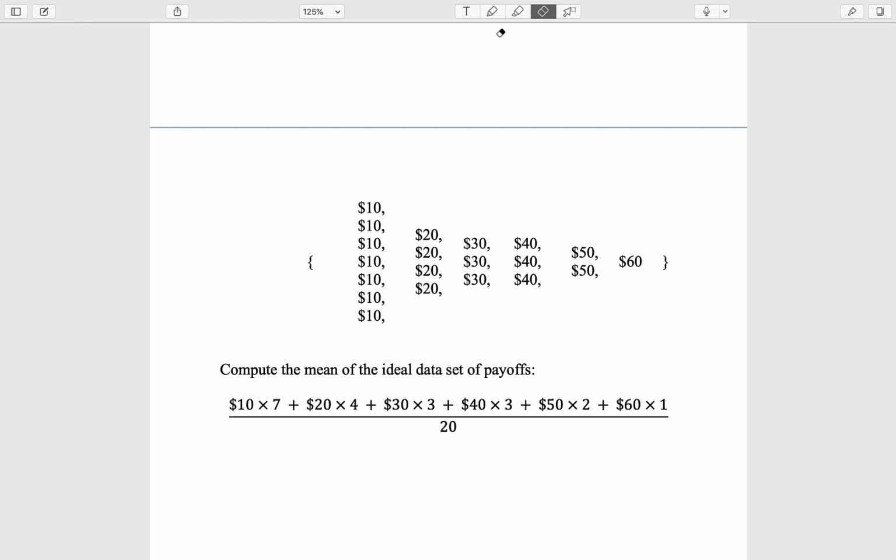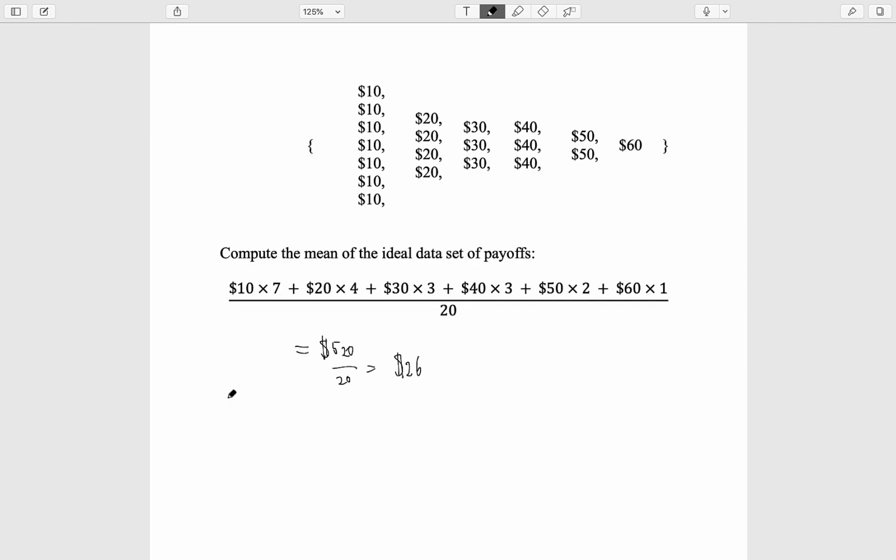All of that divided by 20, which turns out to equal $520 over 20, which equals $26. If we keep playing the game and averaging the results, we will make $26 per play of the game on average in the long run.